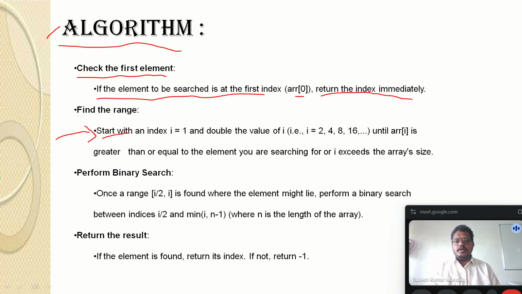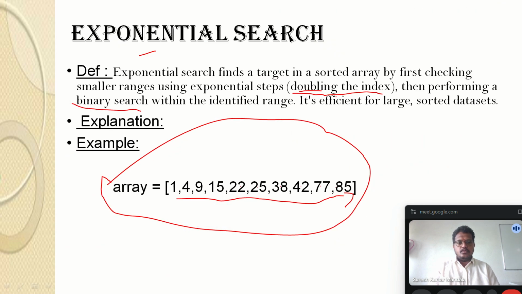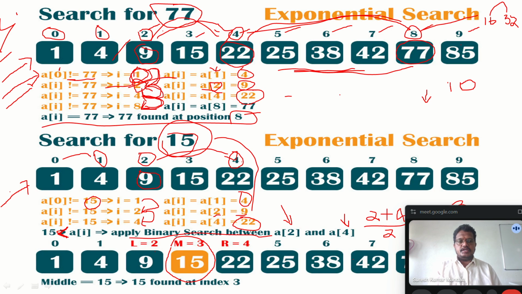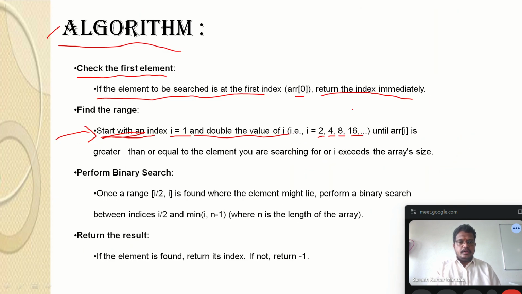Start with index I equal to 1 and double the value of I. That is, if the starting is 1, next 2, next 4, next 8, next 16. This is the meaning of doubling the index. In the example we also saw the term doubling the index in the definition of exponential search. Next, up to where do we have to double this index value?